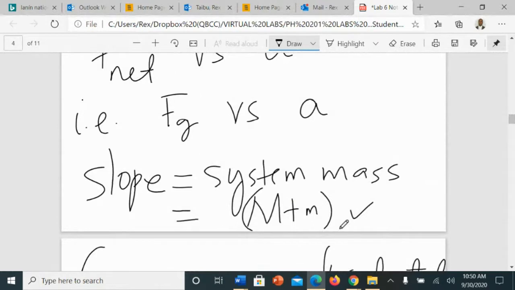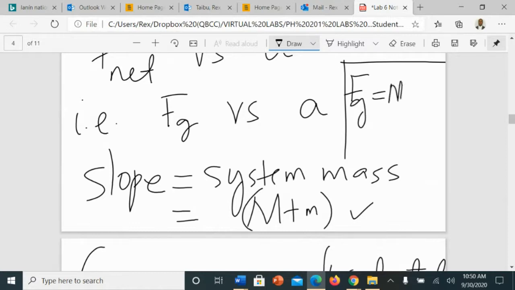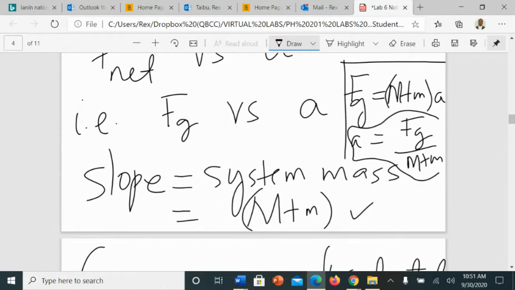Well, recall that Fg is equal to system mass, the total mass that's being accelerated, times acceleration. And if you isolate a, you end up with Fg divided by m plus M.